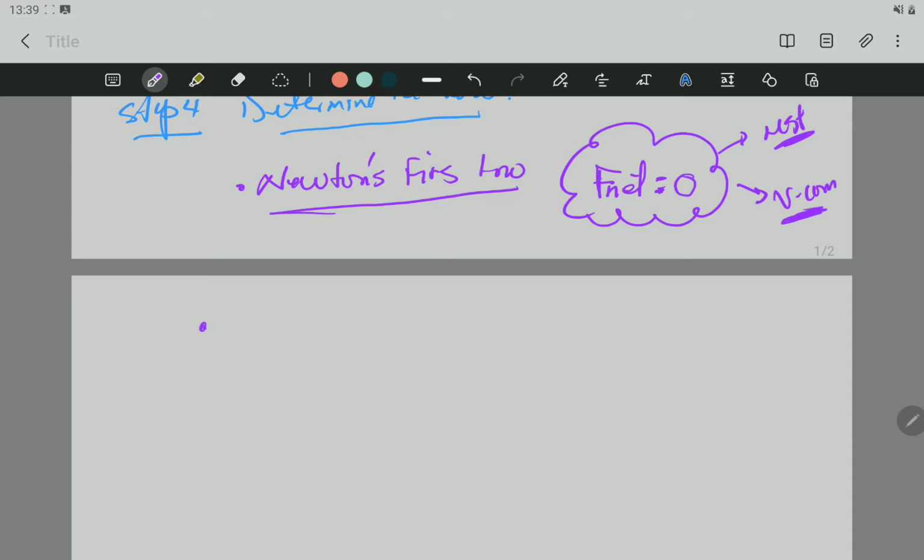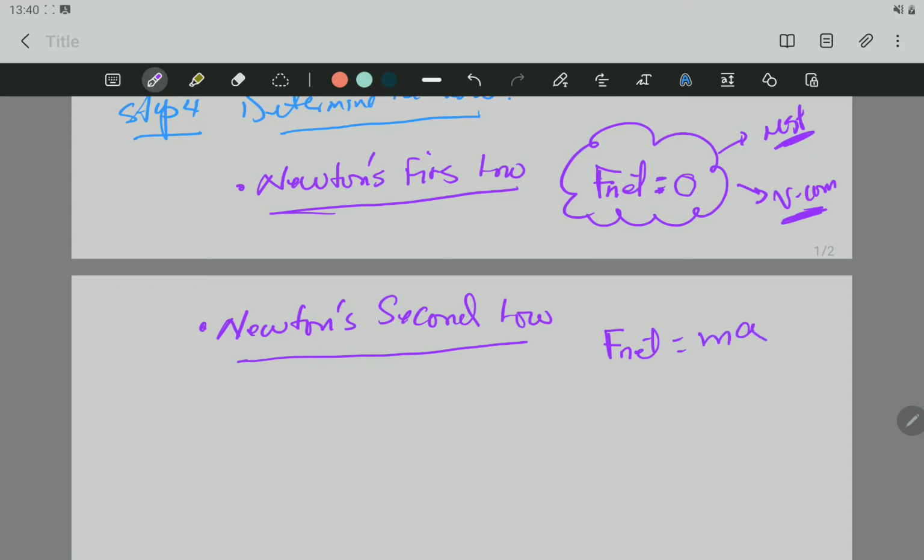Then we learn about Newton's second law of motion. It states that if a net force, which is not equal to 0, acts on an object, then the object will accelerate in the direction of the net force. That acceleration is directly proportional to the net force and inversely proportional to the mass of the object.